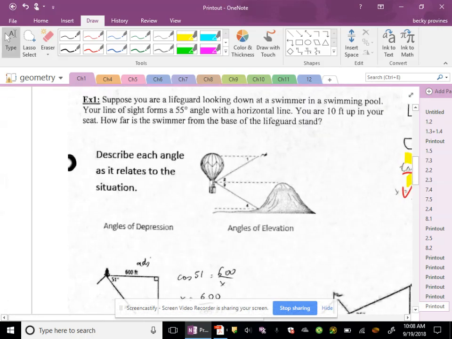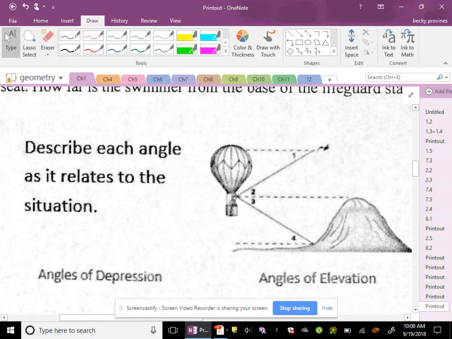Okay, I'm going to zoom in on this picture. Now it says describe each angle as it relates to the situation. So guys, this is just angle of elevation, angle of depression. If you're this bird here and you're looking down, this is angle of depression. But if you're in the balloon looking up at the bird, this is elevation.